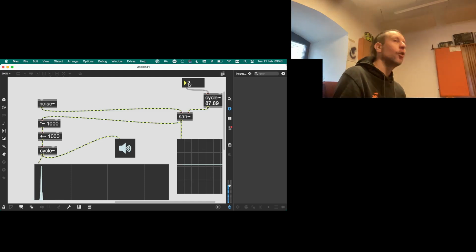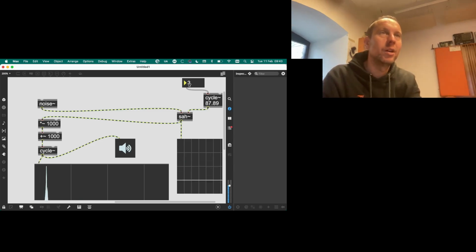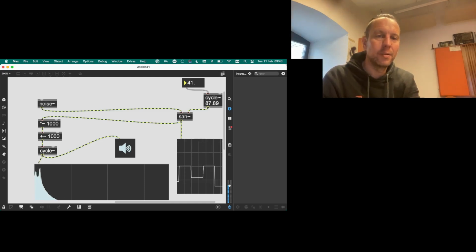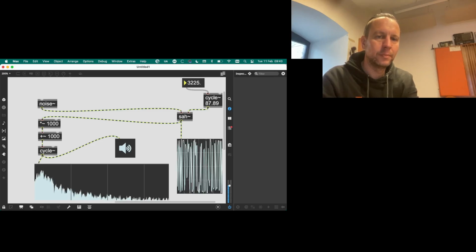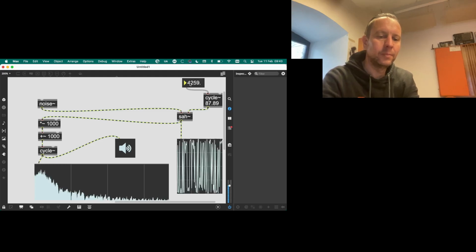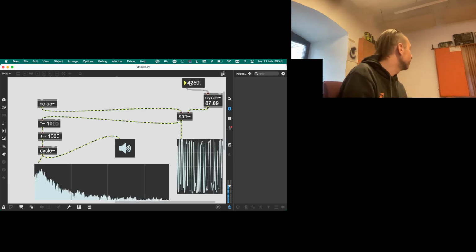So with this one, if I have a low frequency for the trigger, then I get a different frequency in an audible fashion, and then I start to get what I showed you earlier, which is noise modulation.